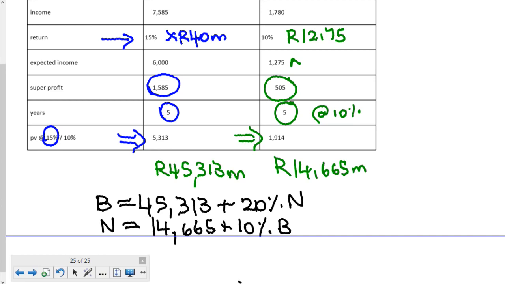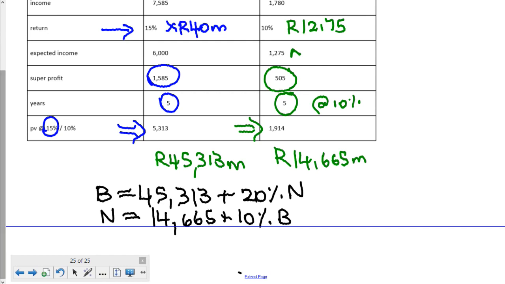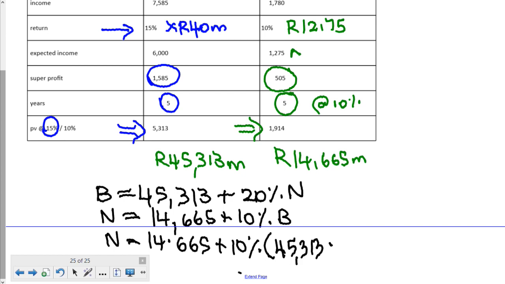Okay, so all I'm going to do is plug B into this bottom one. N is 14,665 plus 10% of 45,313 plus 20% N. This is 100% N. Solve it, simultaneous equations.